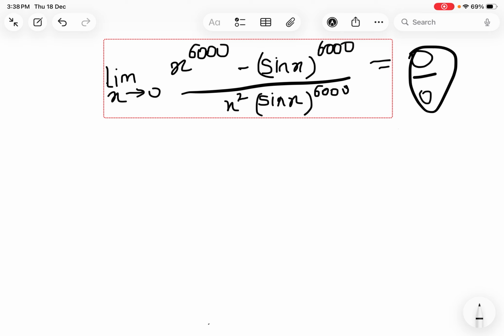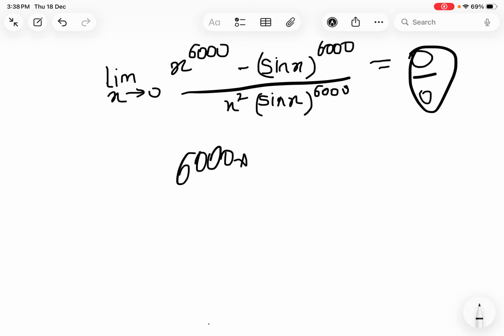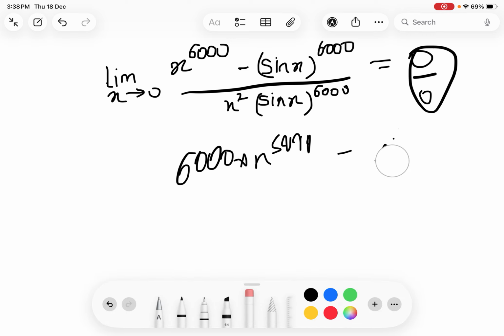Because differentiation of this will give you 6000 into x raised to power 5999, which, when x extends to 0, will also tend to 0, and differentiation of this using chain rule will also have the term of sine x, right? It will always have the term of sine x, right?